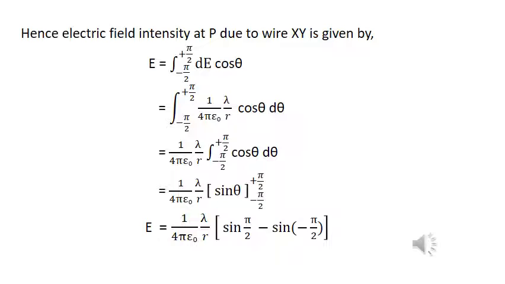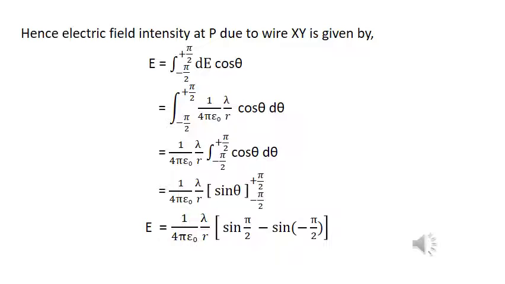By putting the value of dE from the previous equation, equation number 4, we can write E is equal to integral minus pi by 2 to plus pi by 2 1 by 4 pi epsilon naught lambda by r cos theta d theta. Since 1 by 4 pi epsilon naught lambda by r is constant for the wire, it will not be integrated here, so it will be out of integration, and the integration of cos theta will occur with respect to d theta.